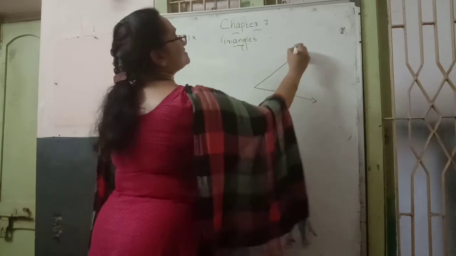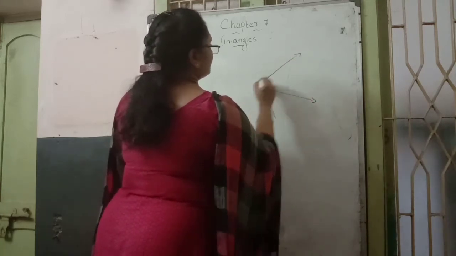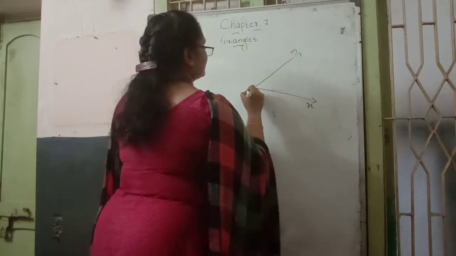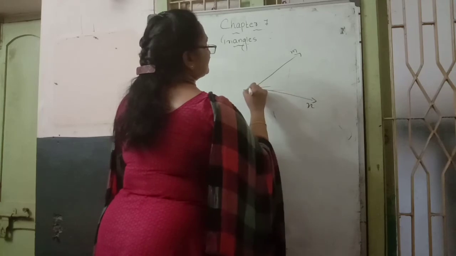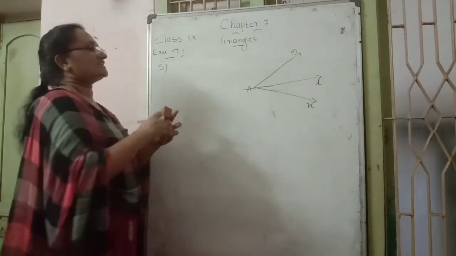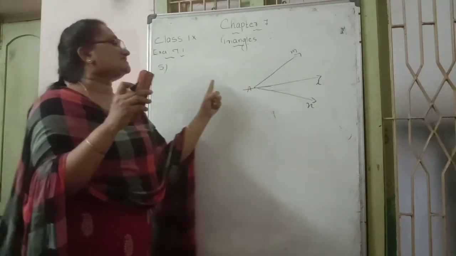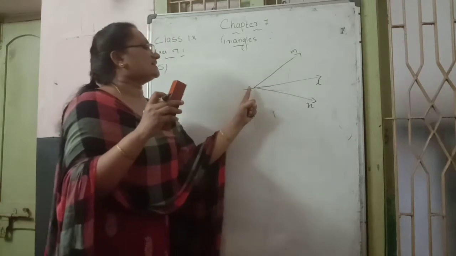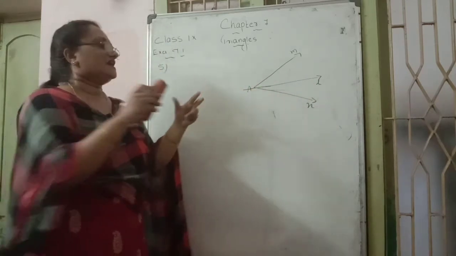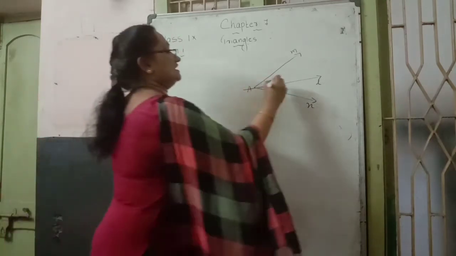Then these two arms are marked as M and N. Here angle A is cut by another ray L. See, they gave us M and N are two lines and angle A is bisected by a line L, and B is a point on the line L.